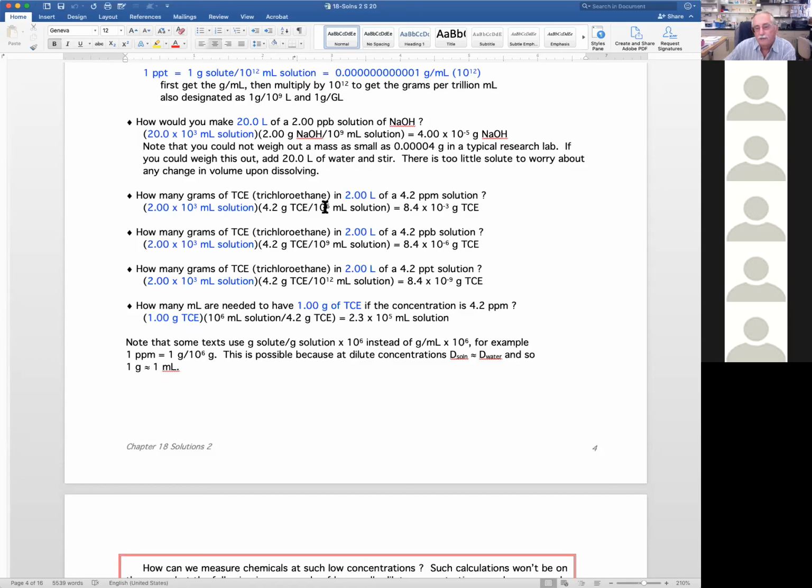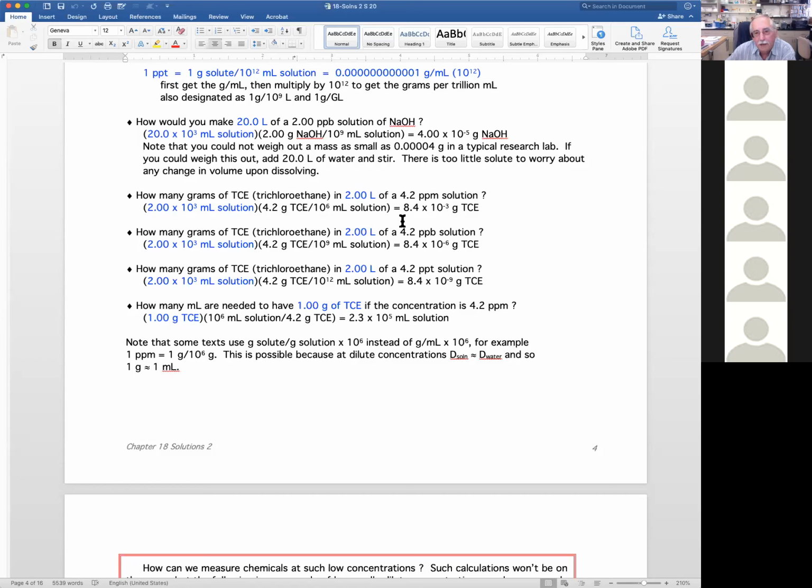And so they remediated it. They got it out of the water system by bubbling air through the water towers. But anyway, how many grams of TCE in 2 liters of a 4.2 parts per million solution? Notice that, okay, 0.008, I could actually measure that.